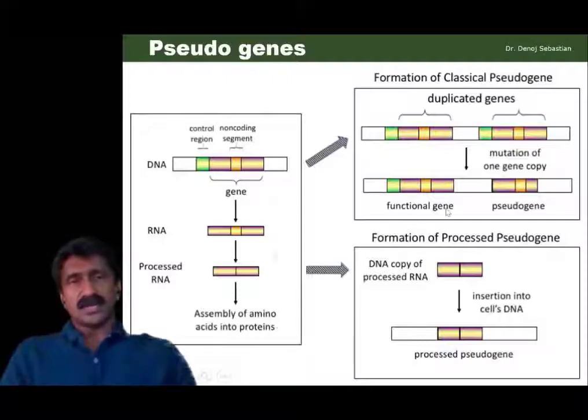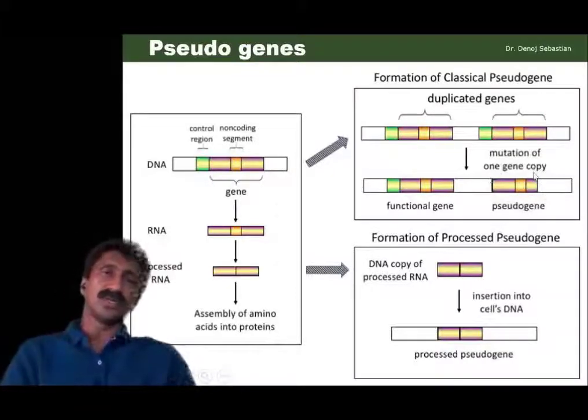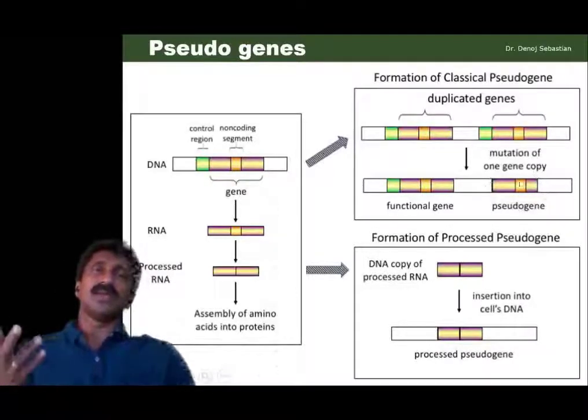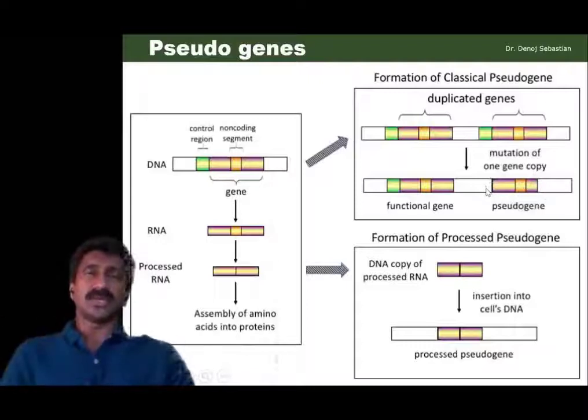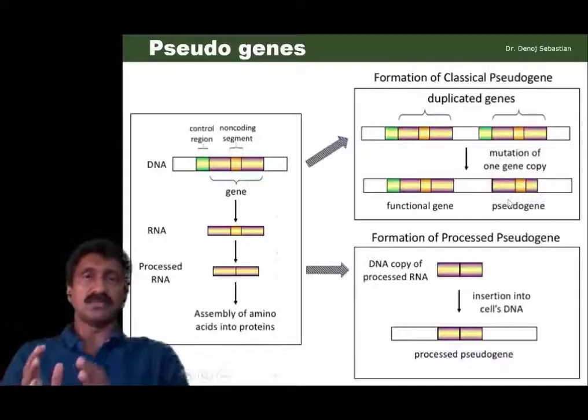The result is that one will be a functional gene, the other one will become a pseudogene because it doesn't have the ability to be expressed. The sequence is there, but it will not be functional because the regulatory elements were lost during the mutation event. So this becomes a pseudogene because the sequence is present, but it cannot be expressed.